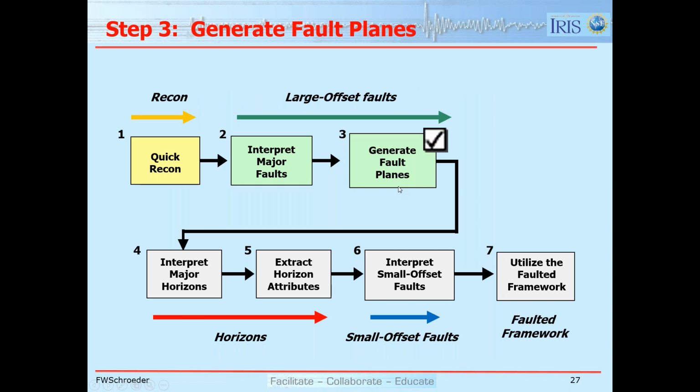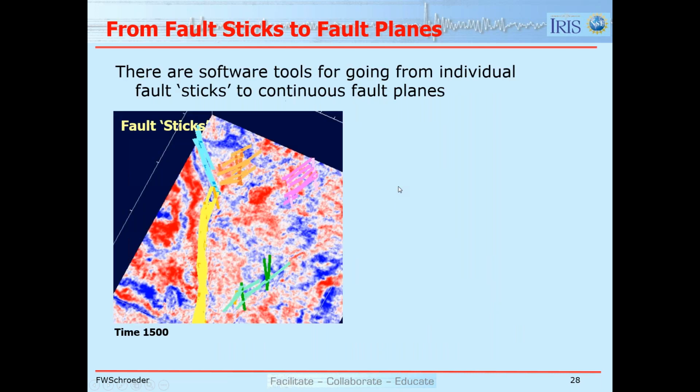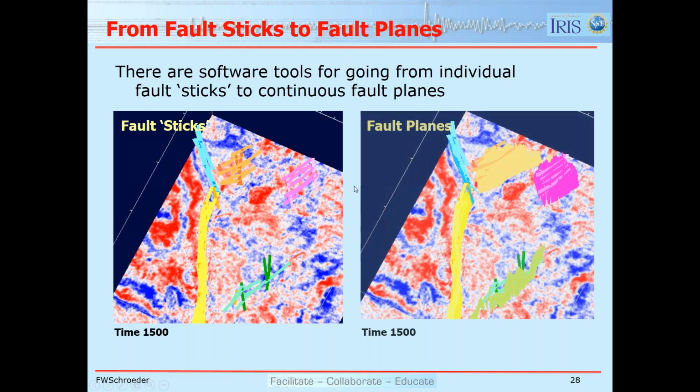The next thing is to generate actual fault planes instead of just fault sticks. And most software has tools that we can use. If we give some manually picked fault sticks, it will use either a simple interpolation process to fill it in, or some of the software have what we call smart interpolators that will draw fault planes given some manual interpretation.